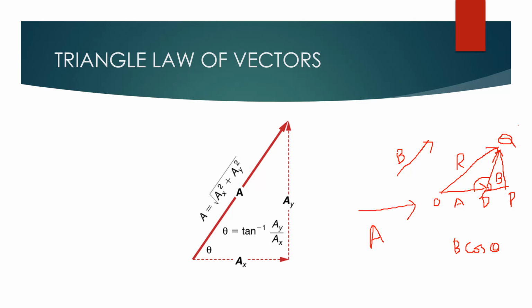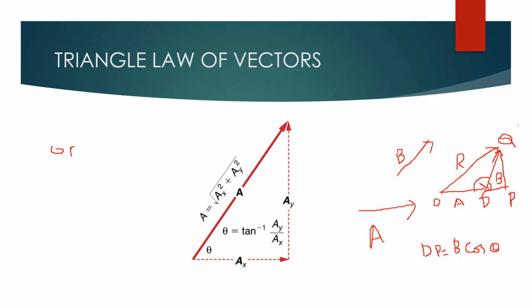So the whole vector along the horizontal, OP, will be A plus B cos theta.